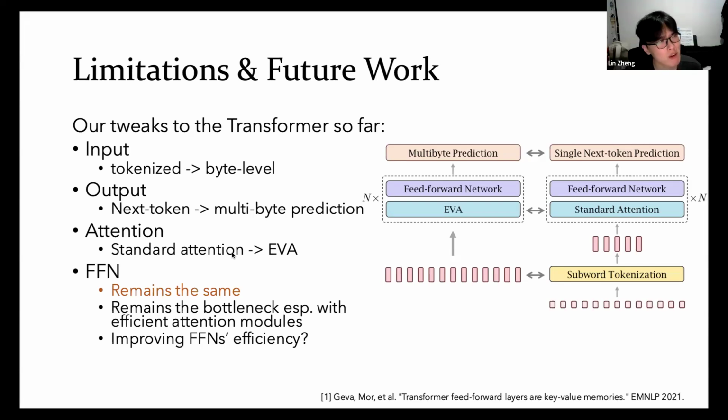We tried some very crude approximation. Our approach mostly follows the memory layer view of the FFNs. We viewed it as cross attention between the input activation as queries and the model weights, with the first layer weights as keys and the second FFN layer weights as values. We applied a very crude linear attention approximation to that.